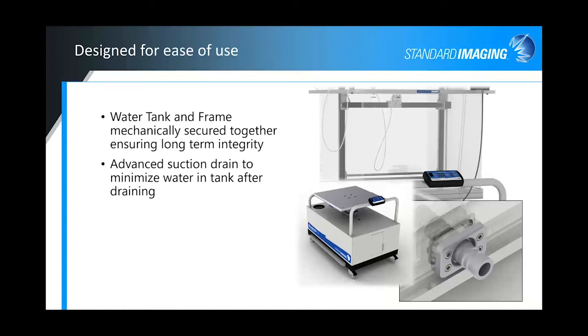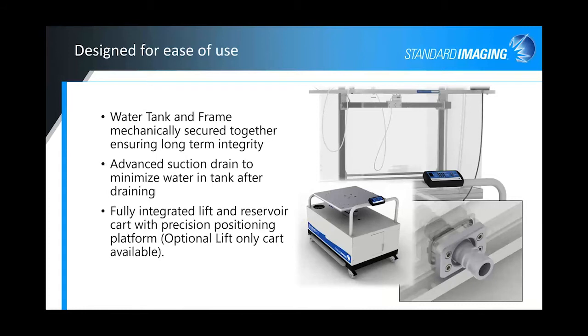That keeps away any kind of mineralization or oxidation. There are varying degrees of water quality out there, so we do recommend using distilled water. But if that's not an option, you can rest assured that when you drain the tank, the armatures will not be sitting in a pool of water.